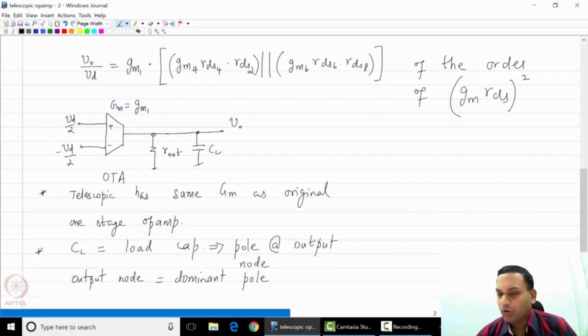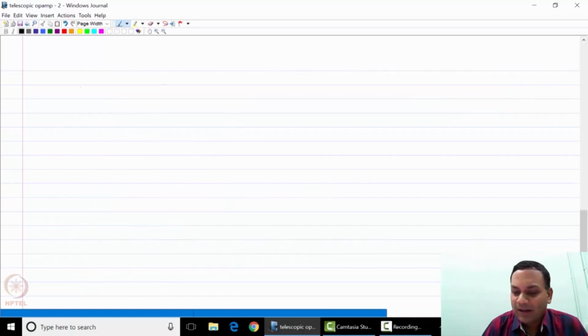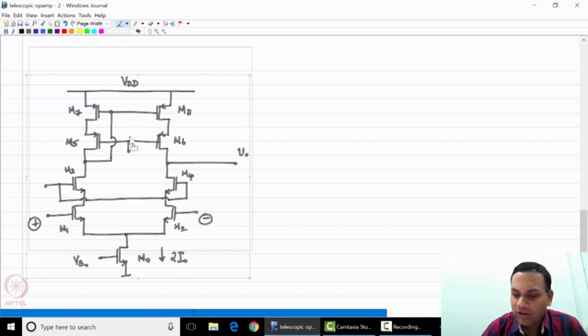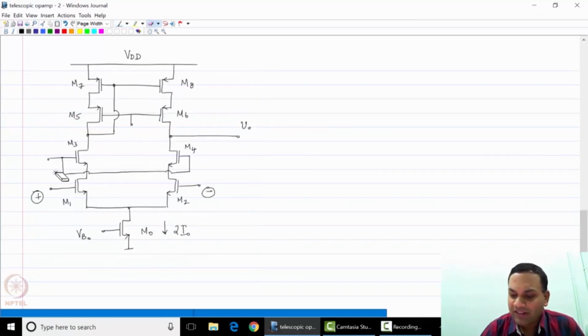Now that we have drawn the block diagram, let us look at some of the details of this circuit. So now let us quickly find out the output resistance of the portion looking upwards.